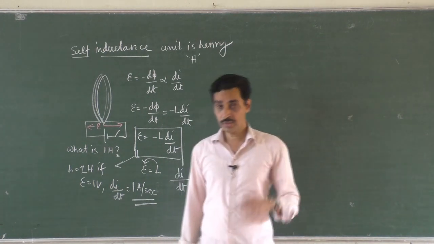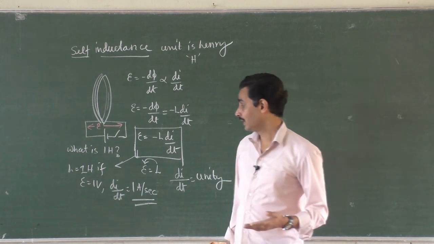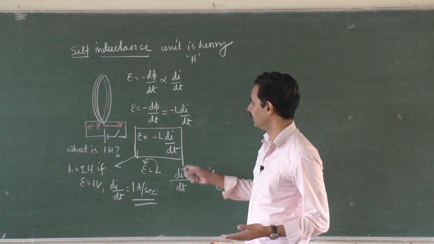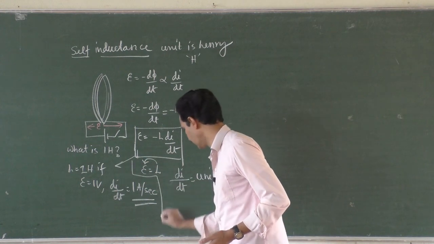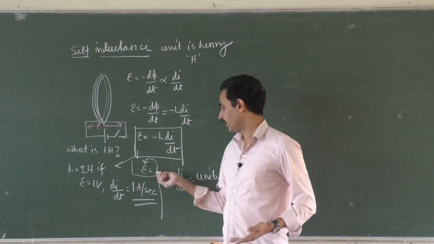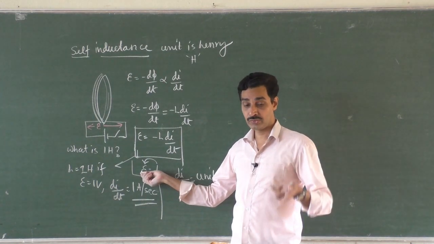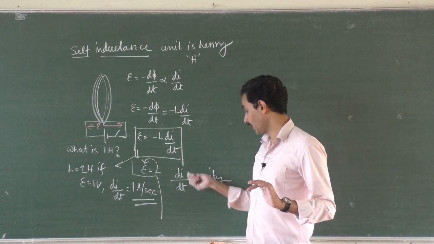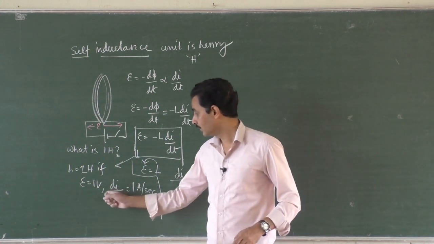That's one definition, so you have two definitions now. Self-inductance of a coil is numerically equal to the EMF induced in the coil when the rate of change of current through it is unity. You should write numerically equal to.